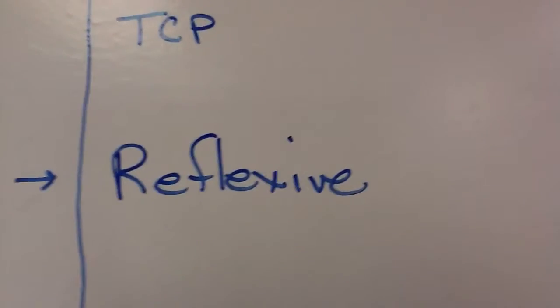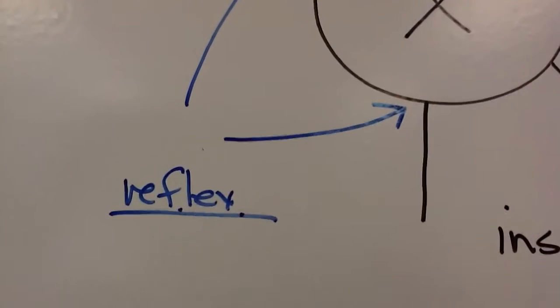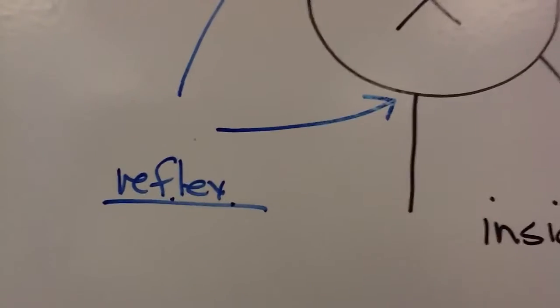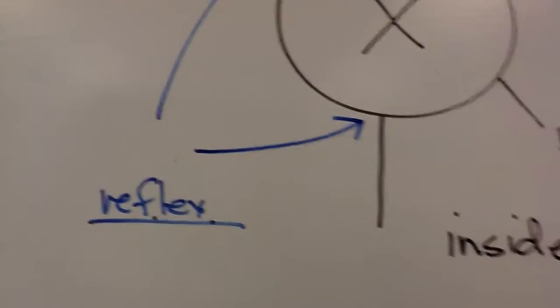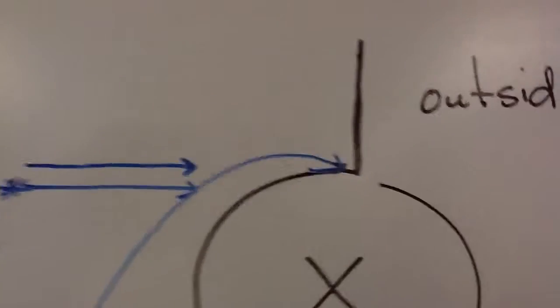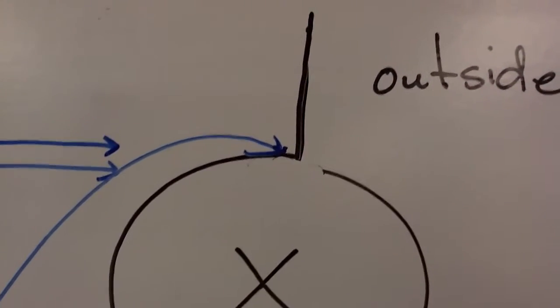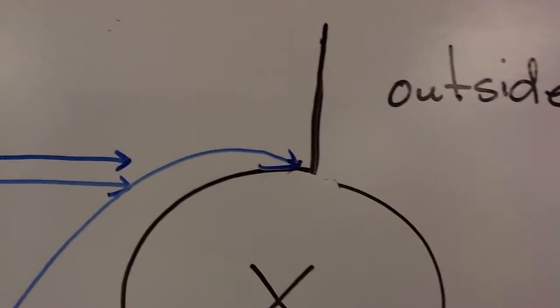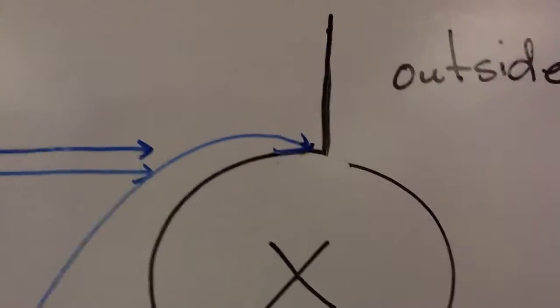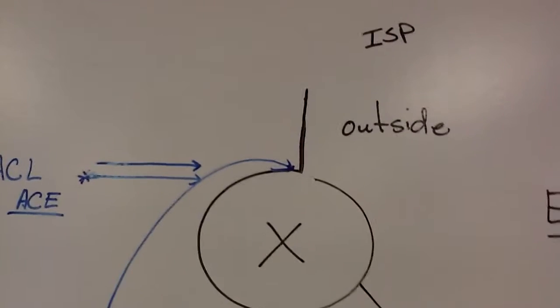What's even better would be reflexive. We're going to do reflexive, or we're going to reflect, with an access list here and tie that to an access list up here. So when a packet goes through this interface out here, it's going to create a reflective access list.